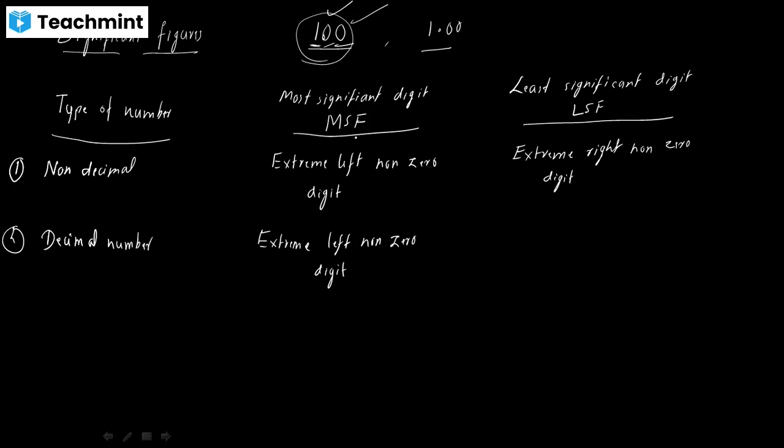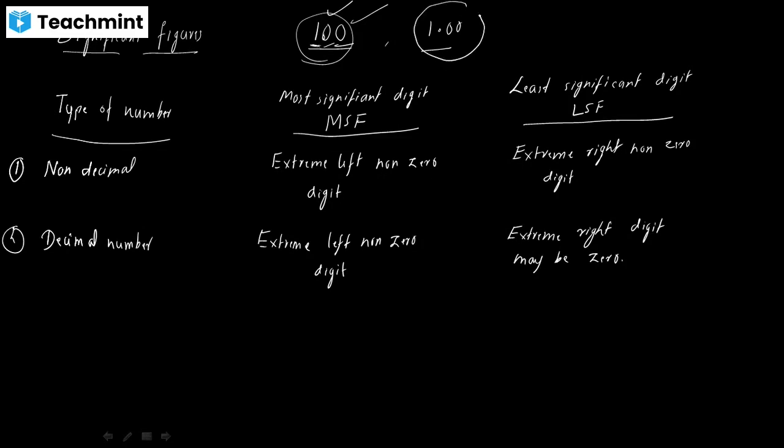What about least significant here? That is the extreme right digit, not non-zero, extreme right digit. Maybe 0, maybe 0.